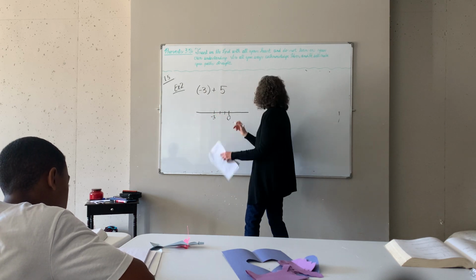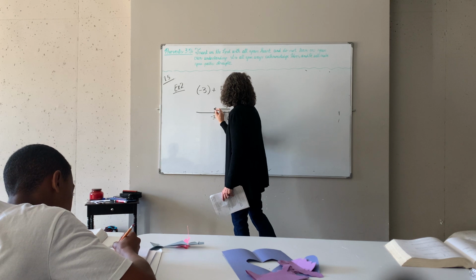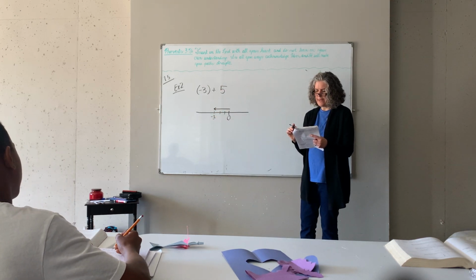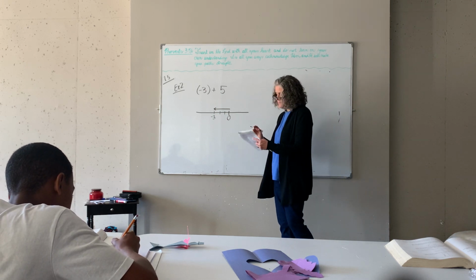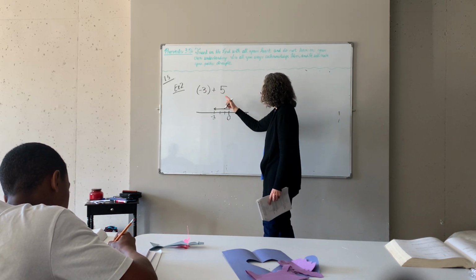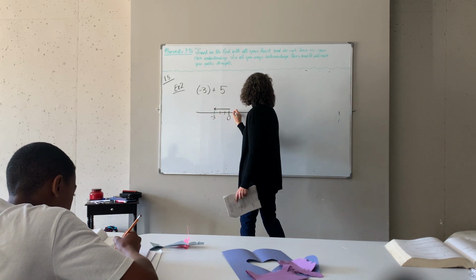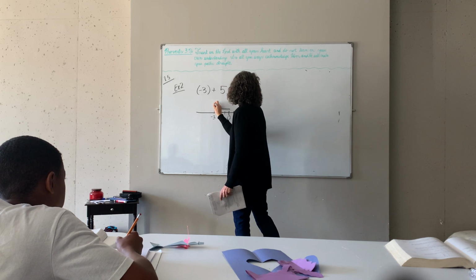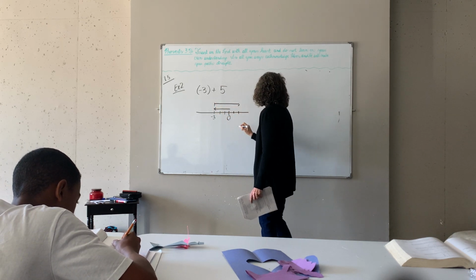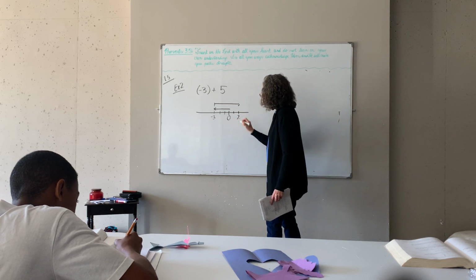So what your book says to do is to draw an arrow from 0 to negative 3 and then stop right there. Then it says to go back to the right 5. So I'm gonna go 1, 2, 3, 4, 5. I start where I left off and go back to the right 5. What number is this? 2.